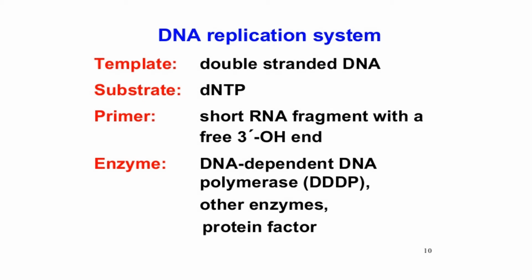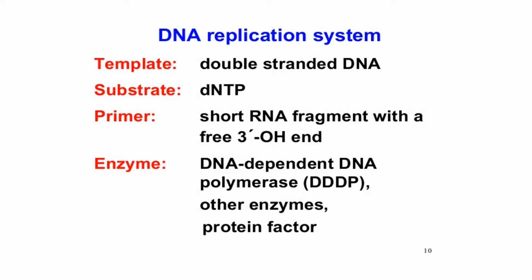Like here, first the RNA fragment primer is used, and then further dNTPs assemble with that primer. Later on, the picture will give you a clearer view of this synthesis.